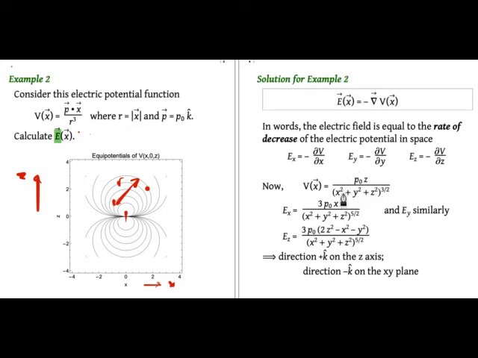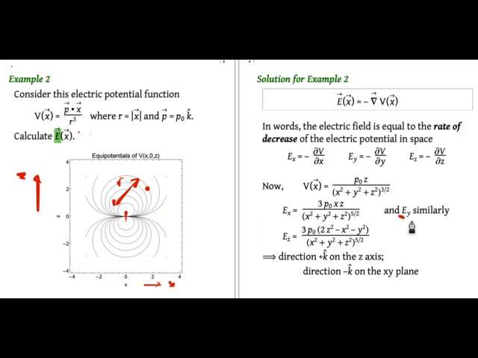So I'll get the derivative minus 3/2, this quantity to the minus 5/2, times 2x by the chain rule. So I'll have 3/2 times 2x, that'll be 3x. And it'll be minus 3/2, this quantity to the minus 5/2. So the minus sign will cancel this minus sign. So the answer will be 3p0 xz, I have this extra factor z that I have to carry along, over x squared plus y squared plus z squared to the 5/2.